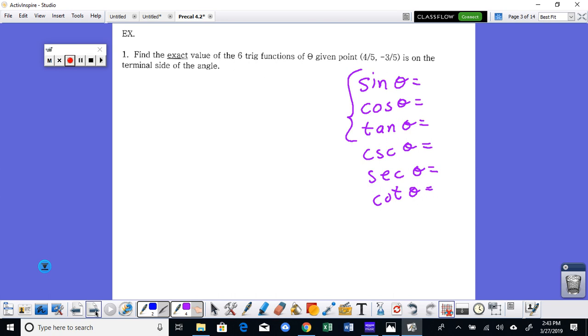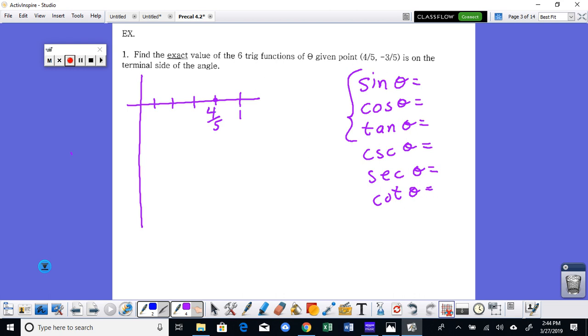All right, the way we're going to do this is we're going to graph this. If I'm at the point 4/5, negative 3/5, on my x, if this is 1, this would be 1/5, 2/5, 3/5, 4/5. So this is 4/5 for my x, right here.